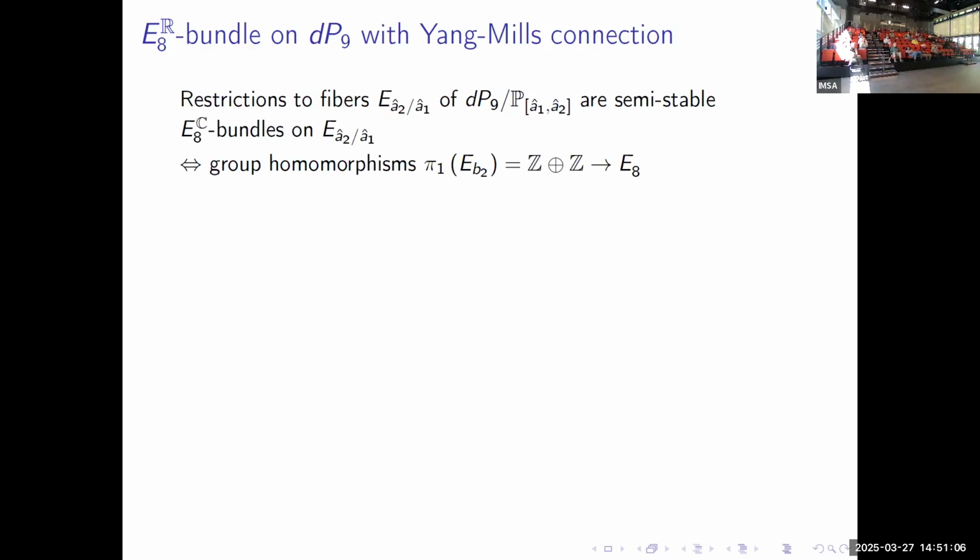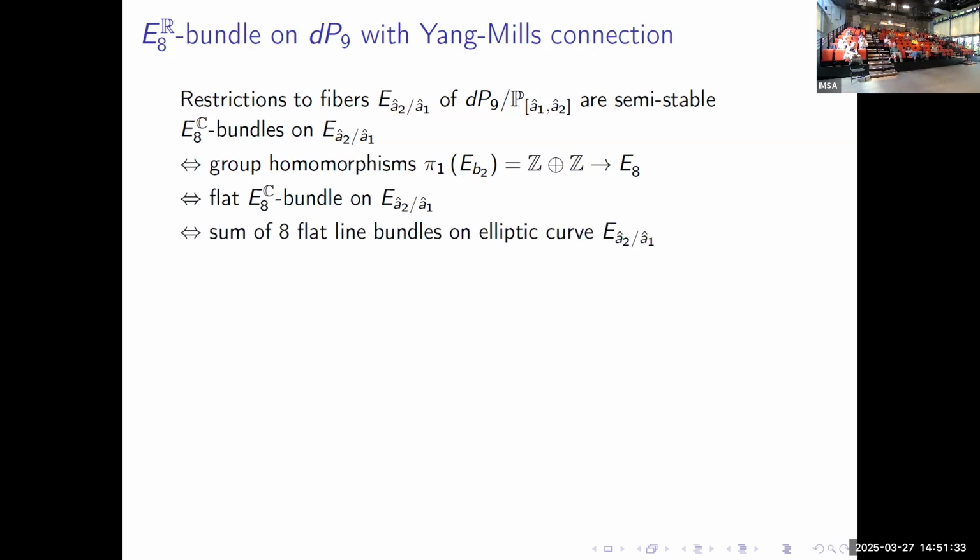It's the same thing as mappings of the fundamental group of the fiber into E8. It's the same thing as flat complex bundles on the elliptic curve.